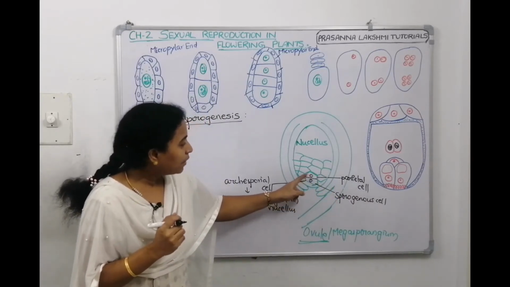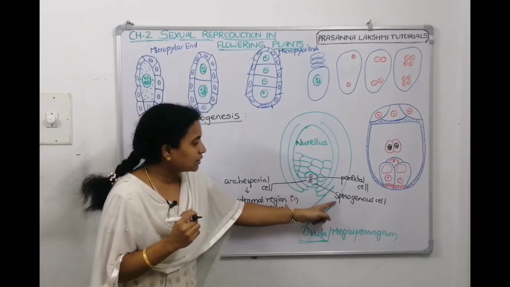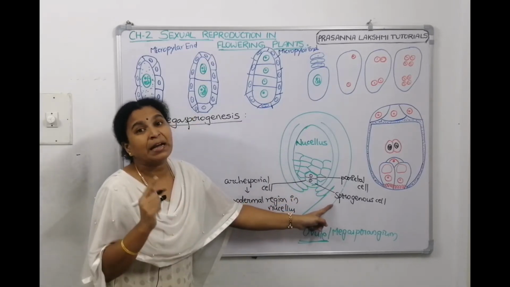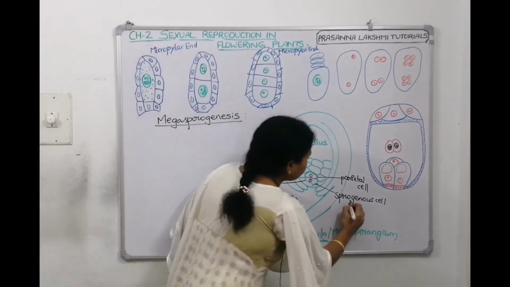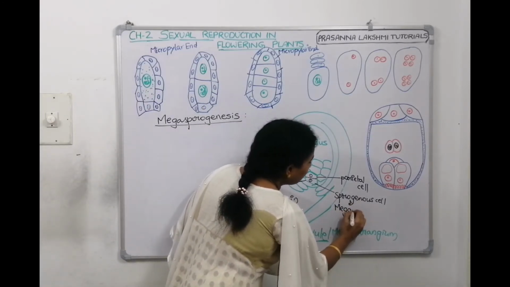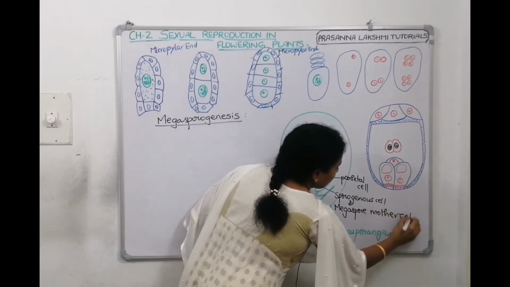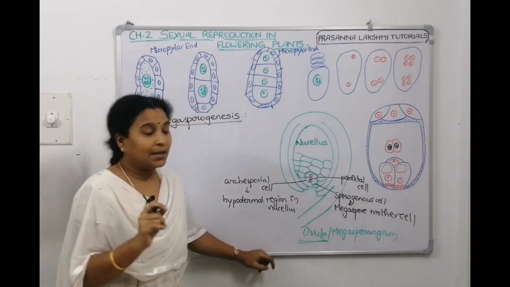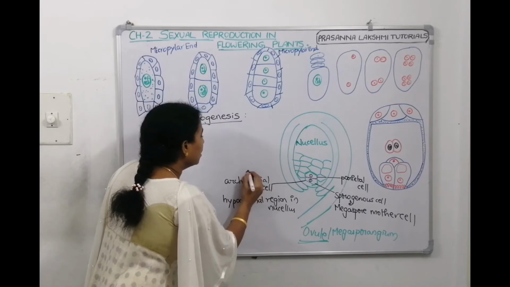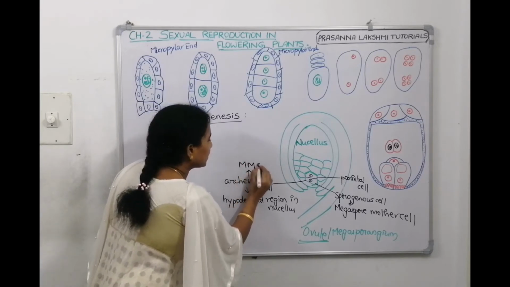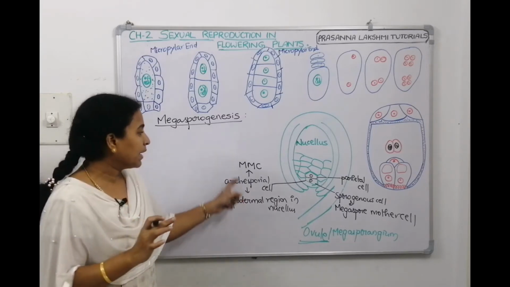This parietal cell will divide and add a mass of nucellar cells, whereas the sporogenous cell will develop into megaspore mother cell. Sometimes the archesporial cell itself directly develops into megaspore mother cell.